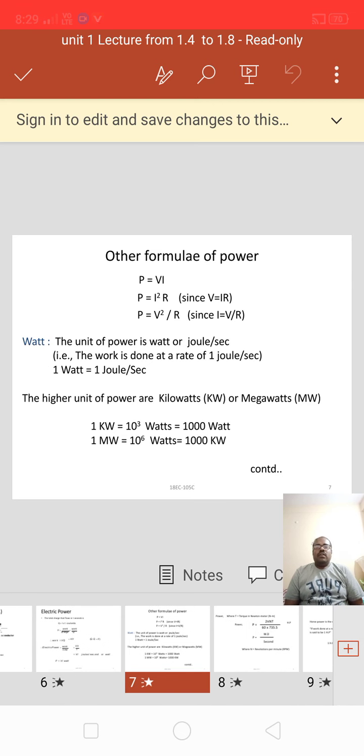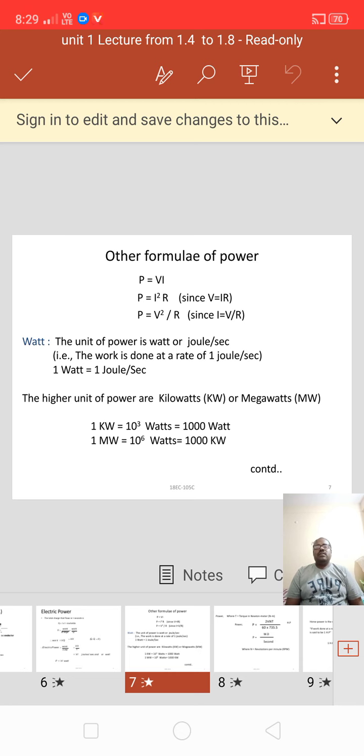Okay. Some other formulas of power or electric power. We already know that power P equals the product of voltage and current. We already know that voltage and current have different formulas with the help of Ohm's law.